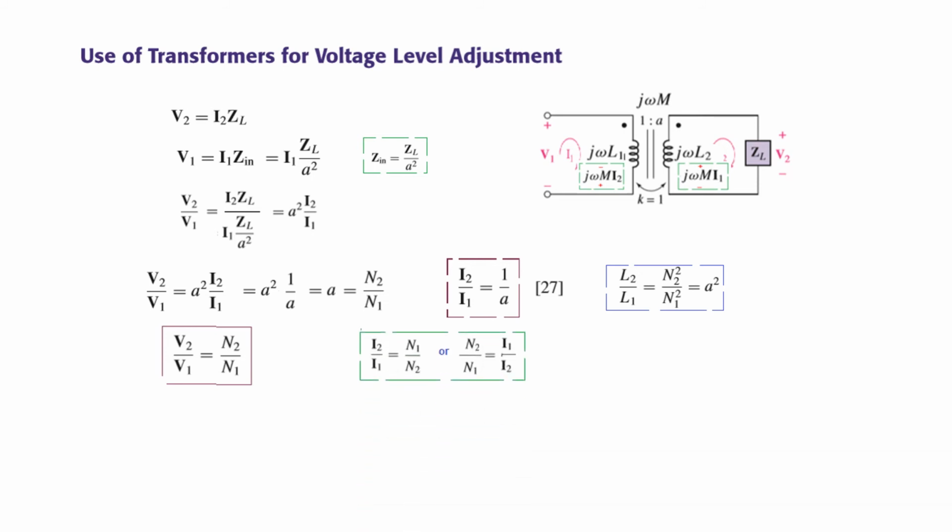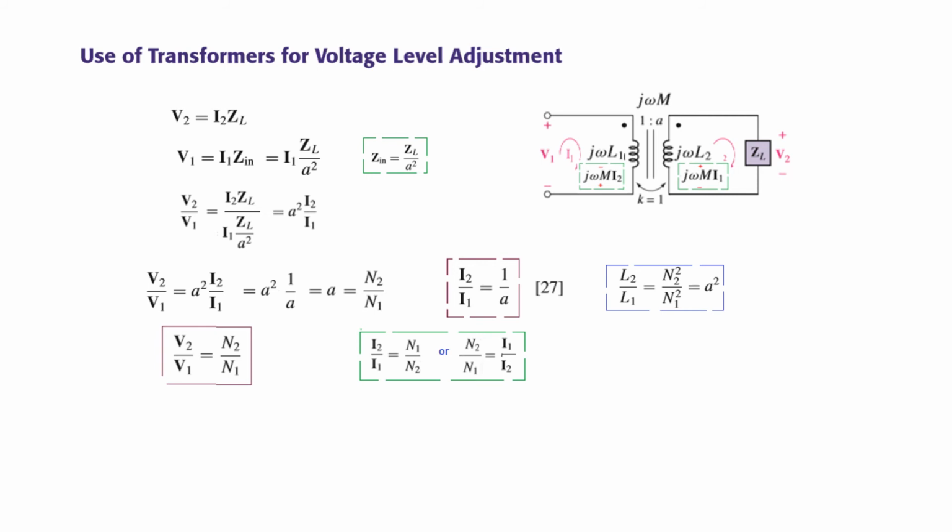Now if you compare this with the current relation, this is directly proportional, that is, if you increase N2, then V2 will increase. If you decrease it, it decreases. So this is a direct relation, but in case of current it is opposite.